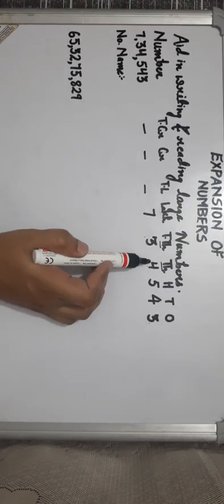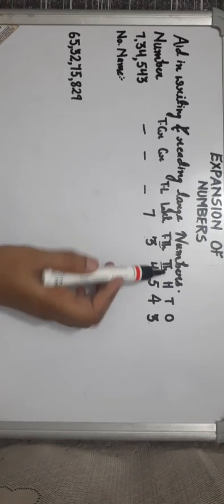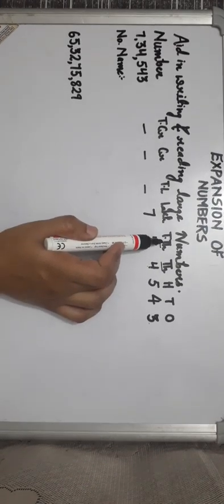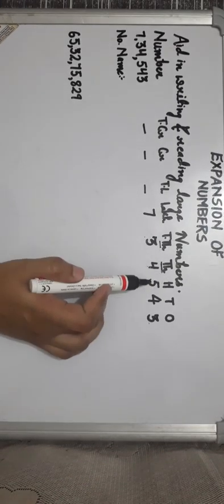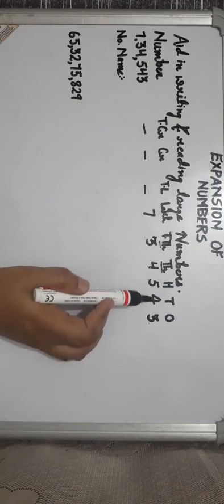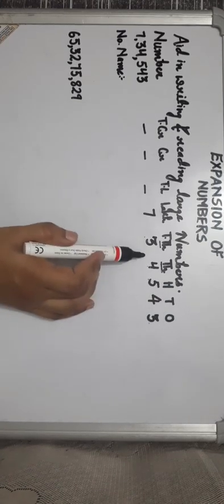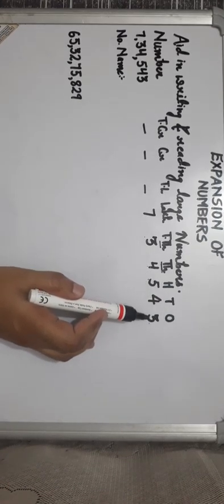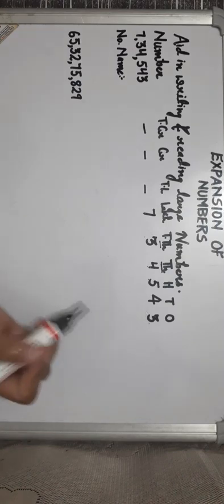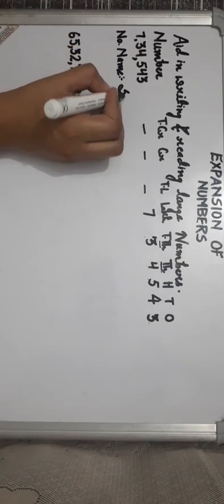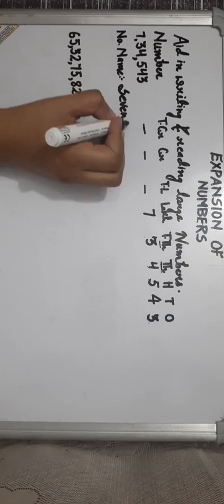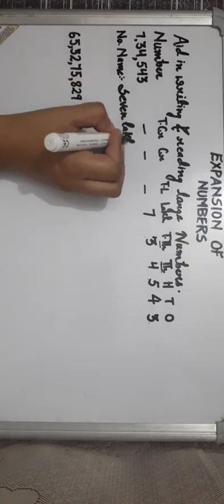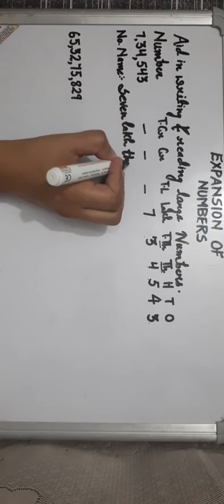No, it will be read combinedly as 34,000, because these are at thousands. Then 543. 7,34,543. I will write it for you.